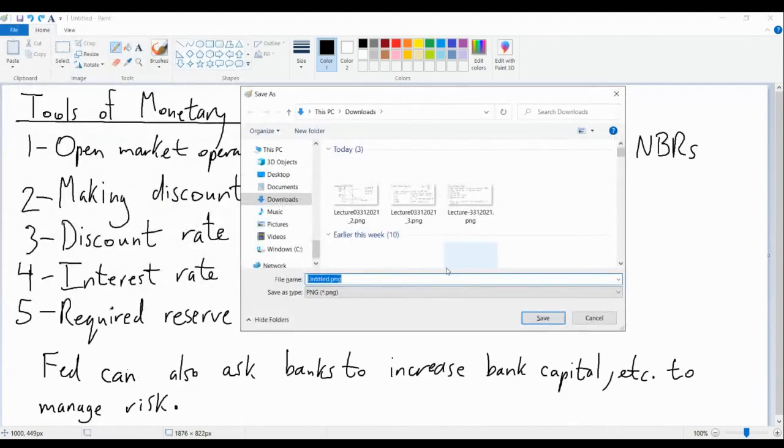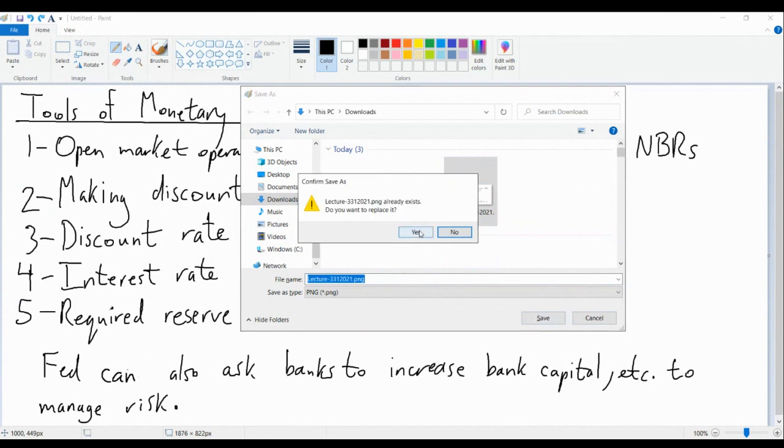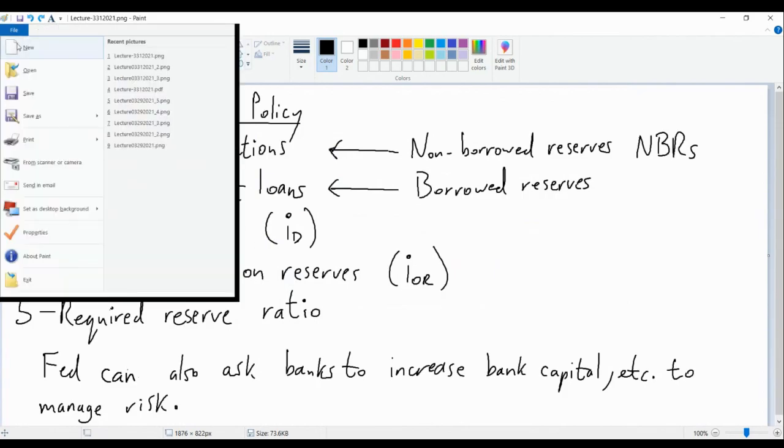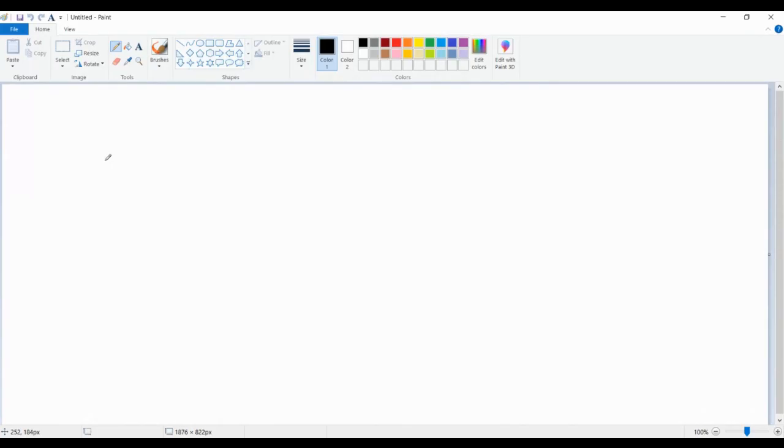Any questions or comments about this list or about anything on it? If not, then let's move to the next part, which is trying to get all of these into a consistent framework.